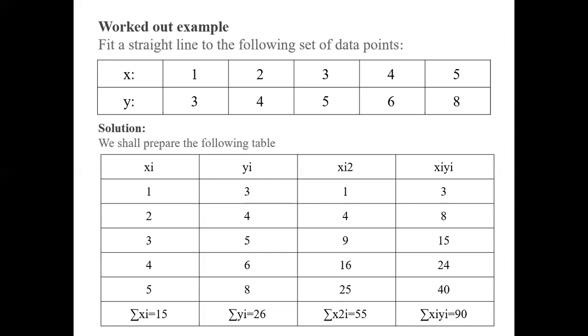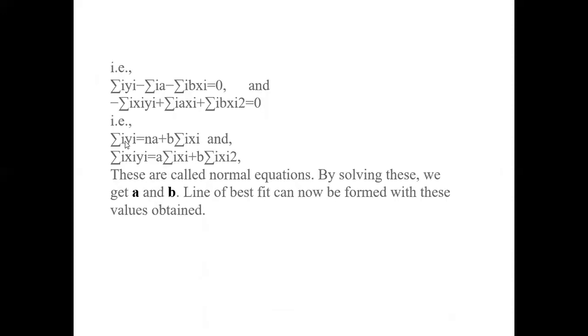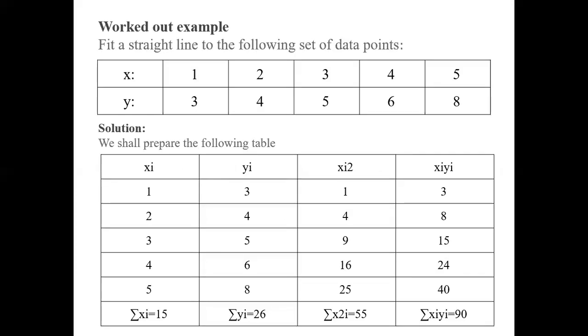We know the equations: summation of yi = na + b into summation of xi, and summation of xi yi = a into summation of xi + b into summation of xi square. So we find xi, yi, xi square and xi into yi.